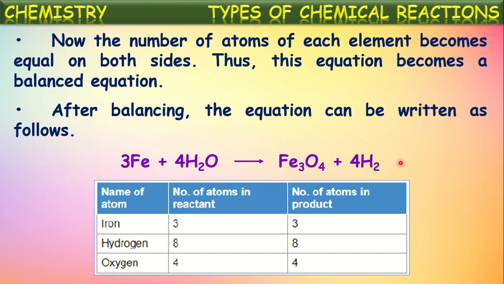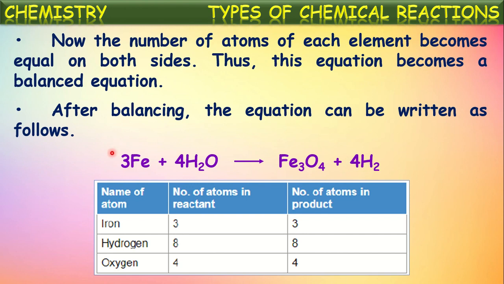For example, let us take the same. From this equation, we can understand 3 atoms of iron combine with 4 molecules of water to form 1 molecule of iron oxide and 4 molecules of hydrogen. So this is a quantitative relation between the reactants and products formed in this reaction.